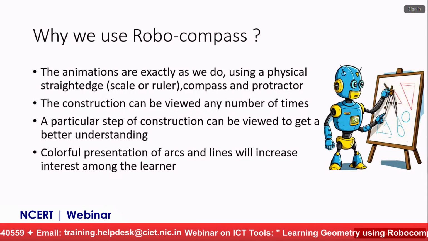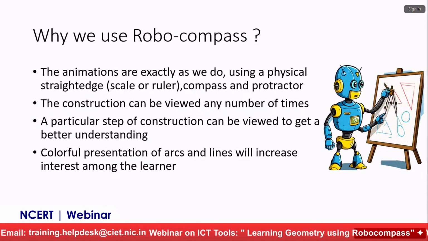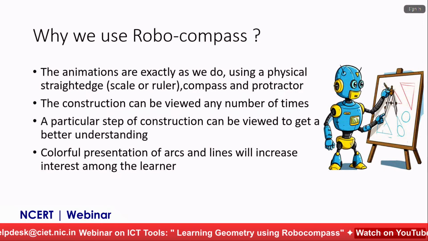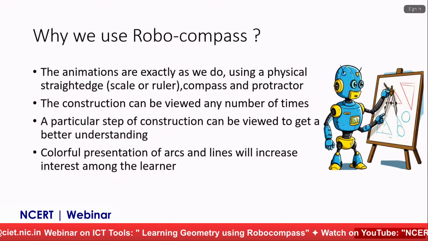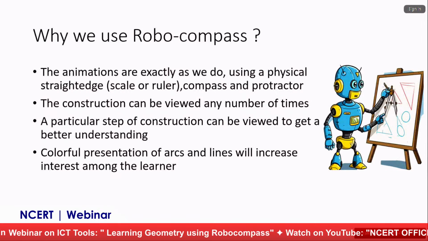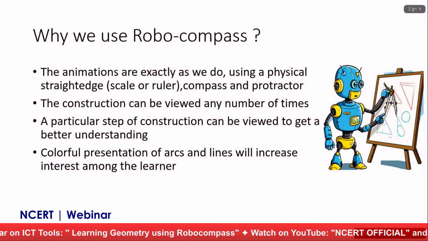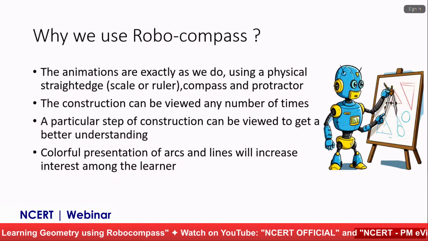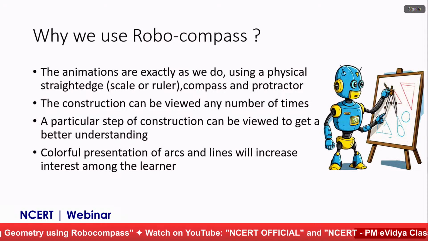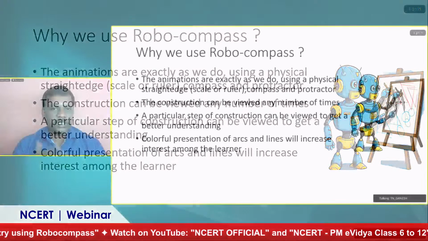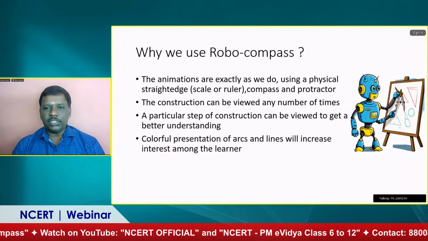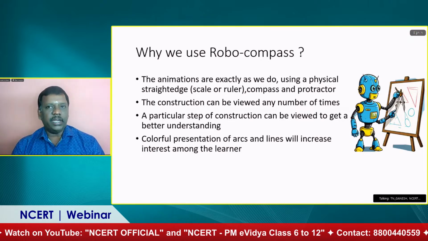Here, the animations of pencils and the plain paper and also a graph paper with the coordinates are available on the screen. So we can see a ruler and a compass and protector, everything on the screen. We can view the construction many number of times. There is a reinforcement tool also, and a particular step of construction can be better understood.